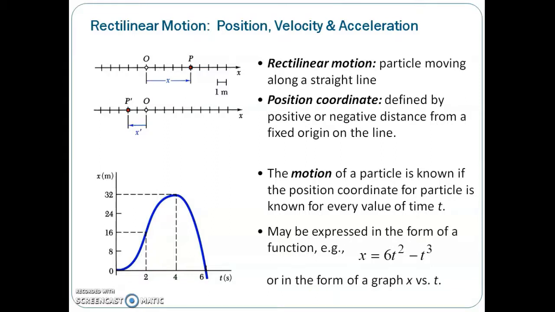The units most often used to measure the position coordinate x are the meters in the SI system of units, or the foot in the US customary system of units. Time t is usually measured in seconds.